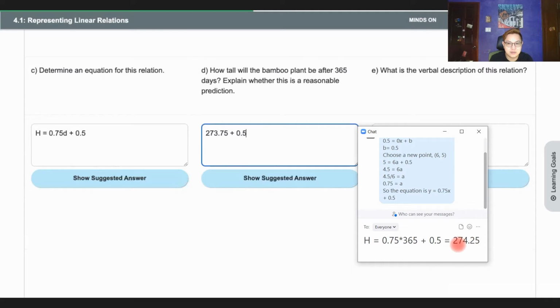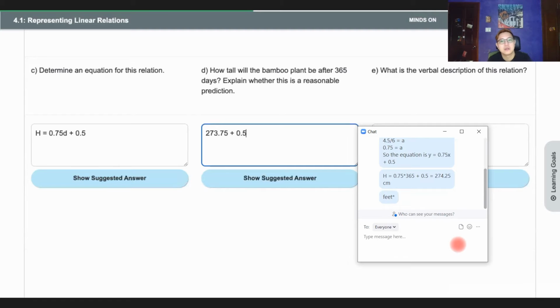Wow, that's really high. But logically, a bamboo cannot grow that tall. Is it like 274 centimeters, right? No, it's feet, so it should be taller. I mean, that's too high. It's not a reasonable prediction because no bamboo is that high.